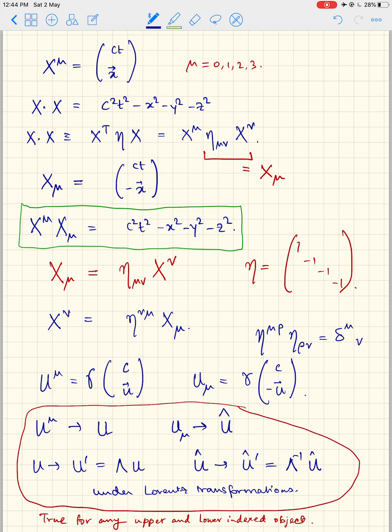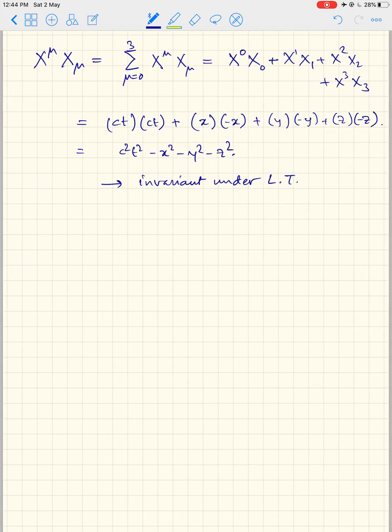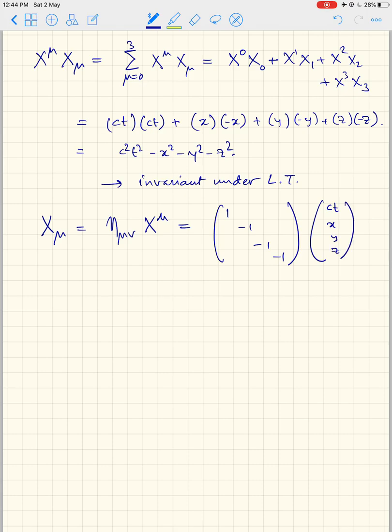So let's try and understand why I say this. This is what? This is 1, minus 1, minus 1, minus 1. And this guy was ct, x, y, z. So you see that this is nothing but a changed sign. So ct, minus x, minus y, minus z. Okay?